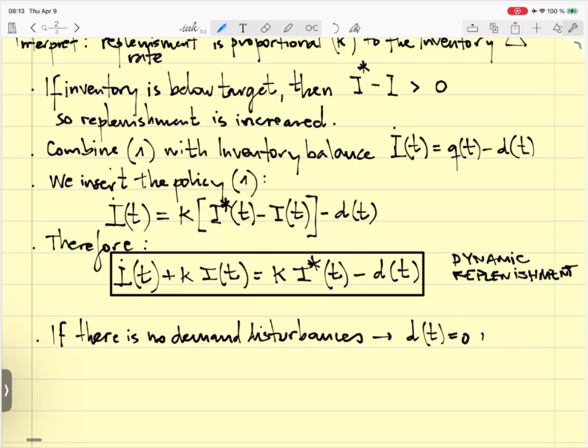Then this is a special case: I plus Ki equals Ki target.